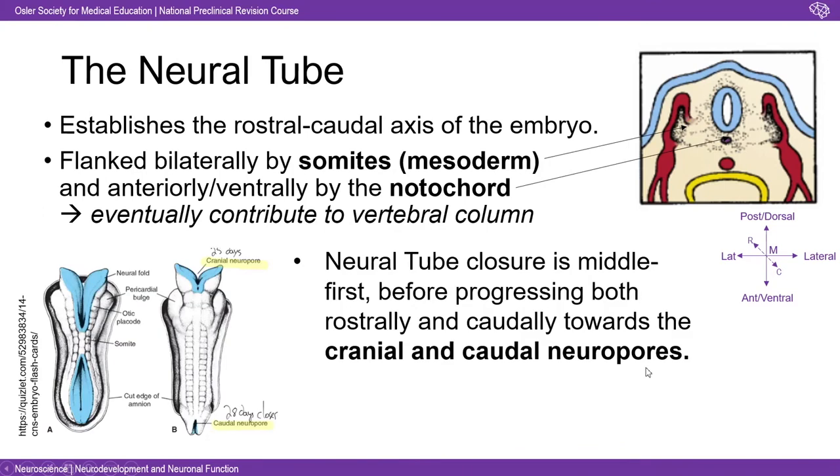So thinking about that neural tube, as we spoke about in the previous slide, the neural tube closes from the neural plate, and the first part of it to close is the middle part, and then the closure of the tube progresses in a rostral direction and in a caudal direction.